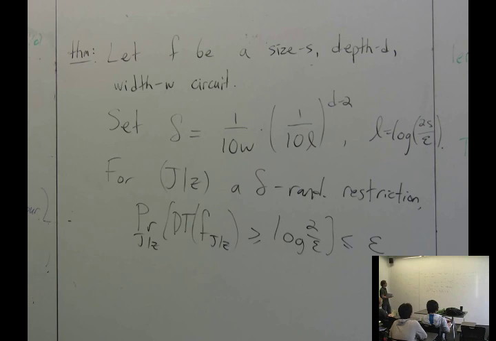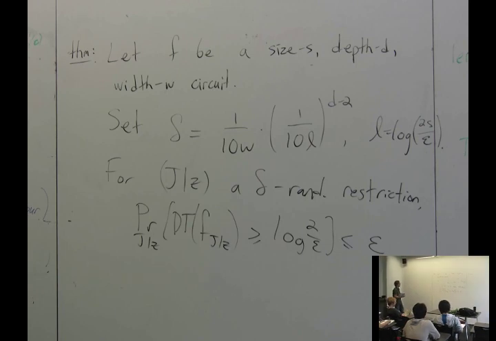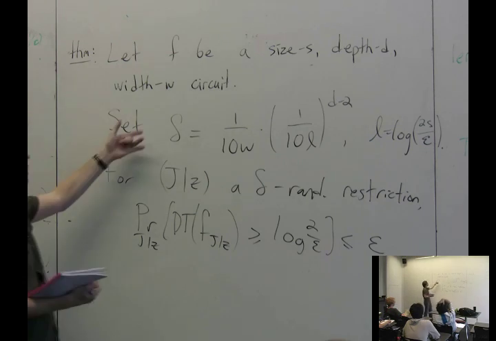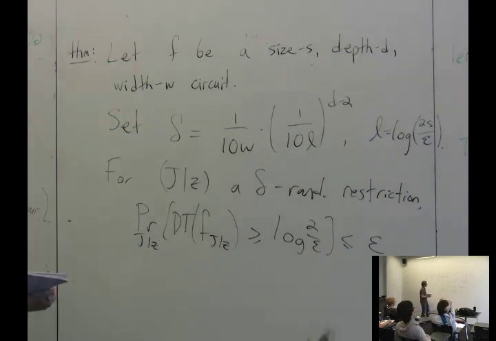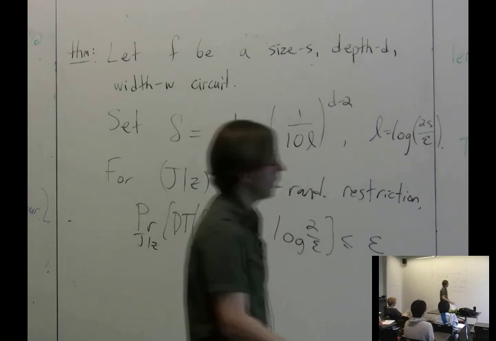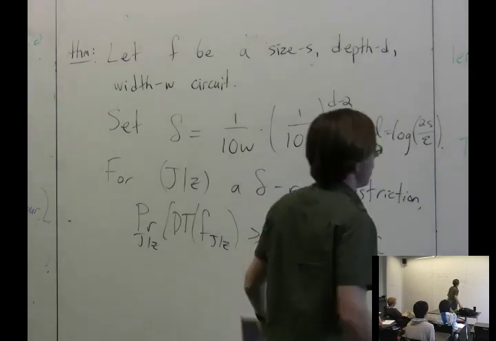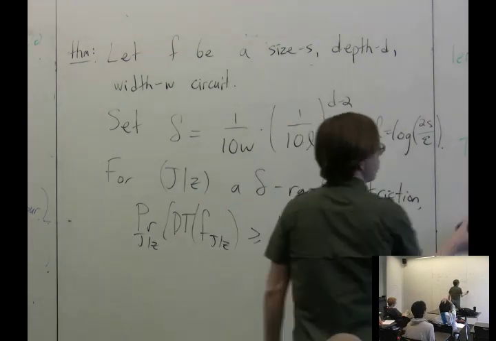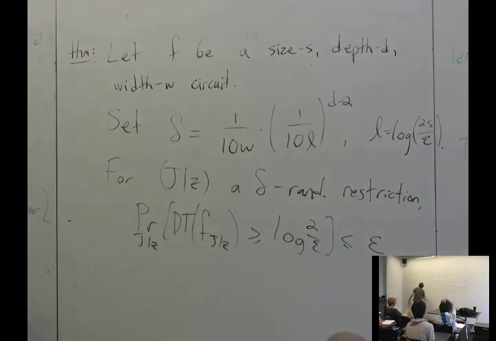OK, so this is a combinatorial theorem, saying that if you take a constant depth circuit and hit it with a sufficiently strong random restriction, it's very unlikely that the restricted function will need a deep decision tree. And once we prove this theorem, which is the last thing we'll do, you can plug it directly into this lemma and get essentially the desired Fourier concentration result.